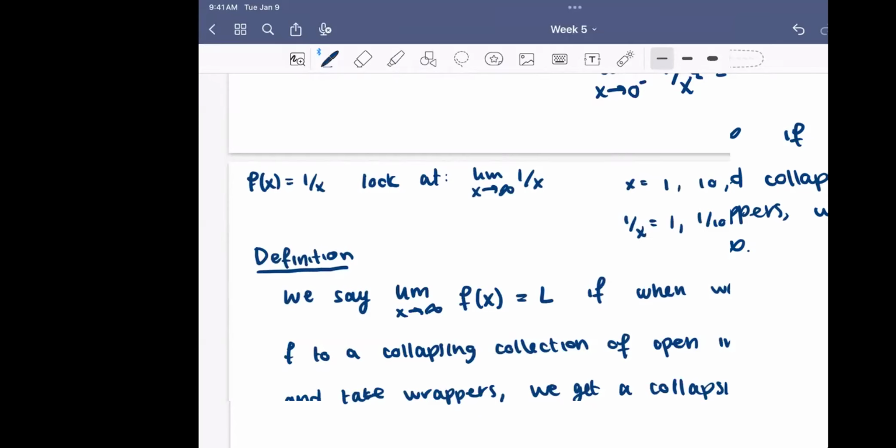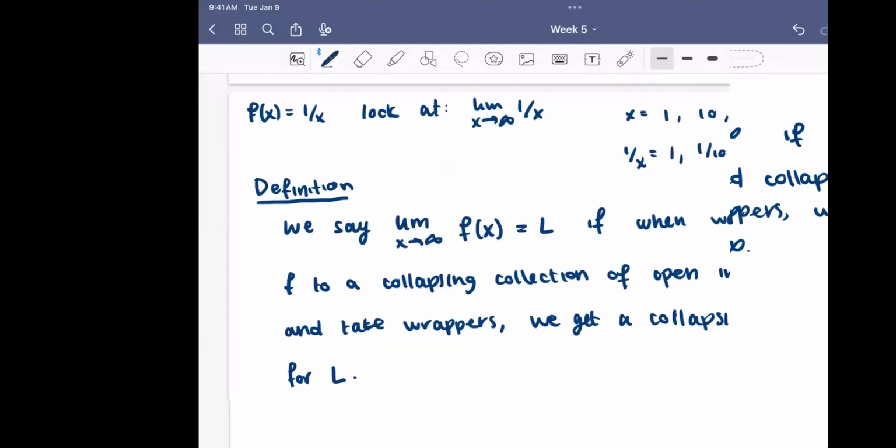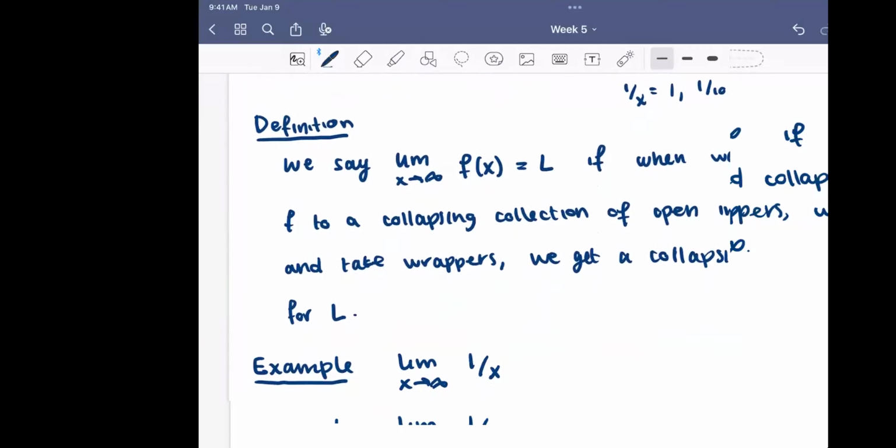So let's do this one. We'll compute the limit as x approaches infinity of 1 over x. Okay, so I need to pick an open collapsing collection for infinity.